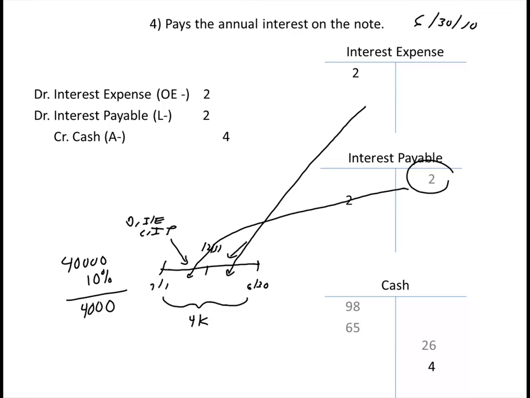So the timing is a little off, but over the long run, what do we know has got to be true? The cash that we pay out has got to be equal to the interest expense that we incur, because over the long run, all of these things have to jive. And we record our interest payment and we move on.